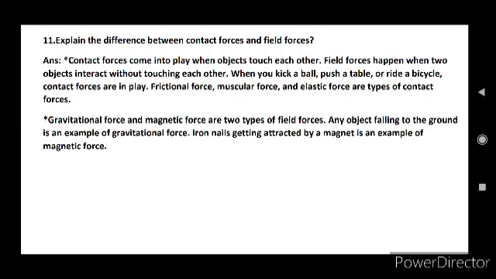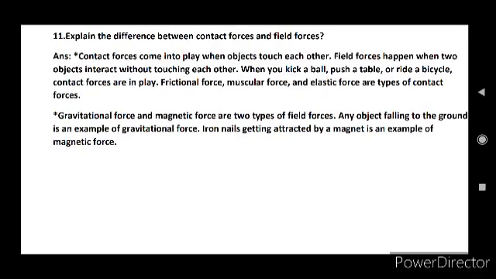Frictional force, muscular force, and elastic force are types of contact forces. Gravitational force and magnetic force are two types of field forces. Any object falling to the ground is an example of gravitational force, and iron nails getting attracted by a magnet is an example of magnetic force.